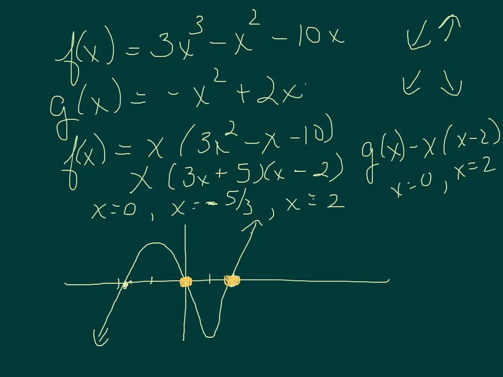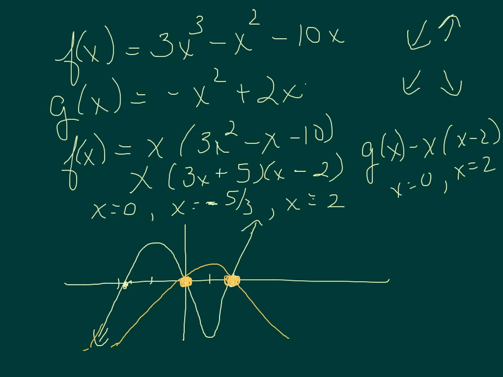And g of x is going to look something like this. And down here somewhere, they're going to intersect again. So we've got to figure out where they intersect. We've already found 2 intersection points because they have the same zeros. How do I get that third intersection point?